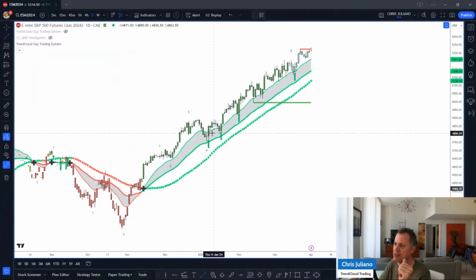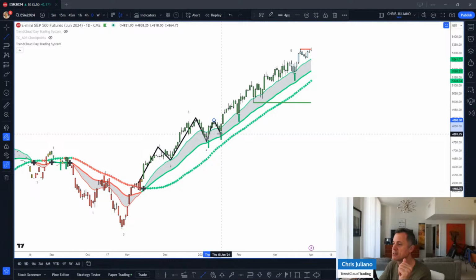It's inside of these pockets here, inside of the TrendCloud, where price moves to. Impulse up, correction. Impulse up, correction.